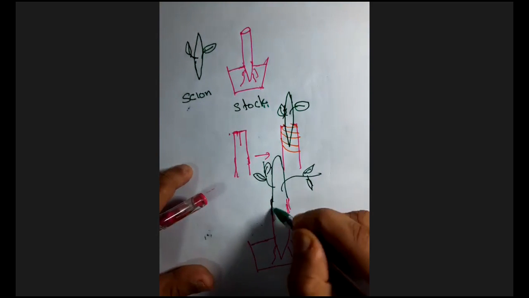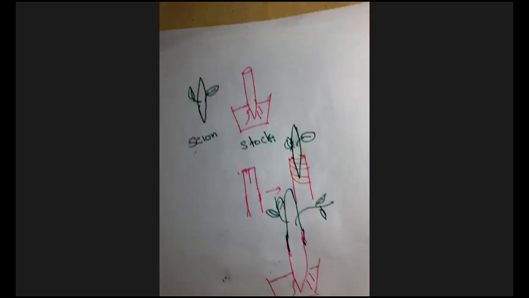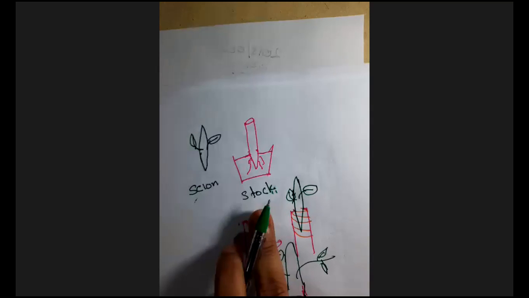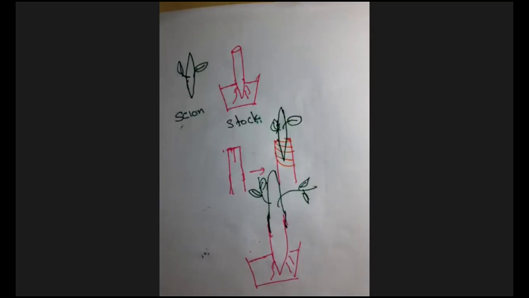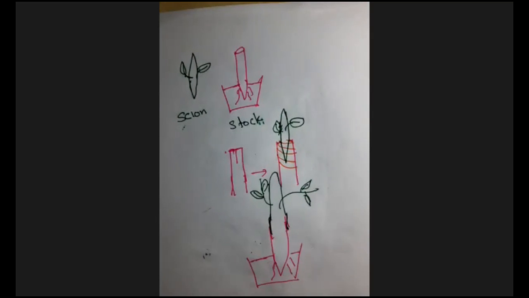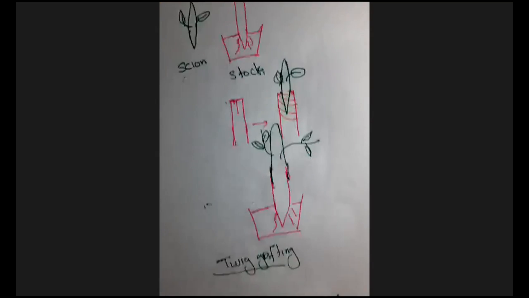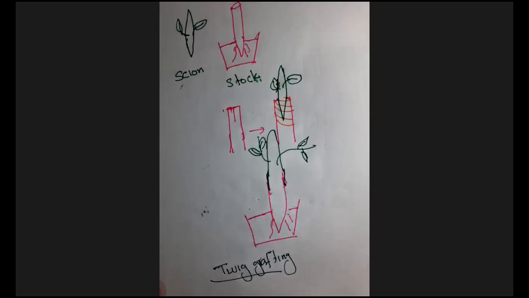So this kind of final output you will get. Here, scion is a twig against the stock. This is the idea under twig grafting. Actually, grafting means taking from one and fixing on another. That is the meaning of twig grafting.